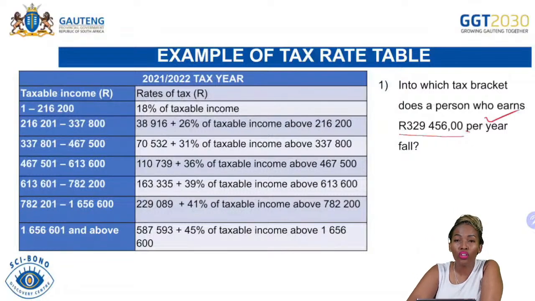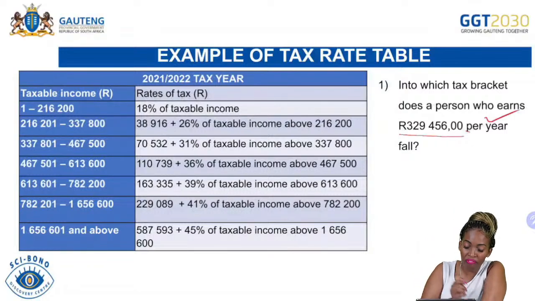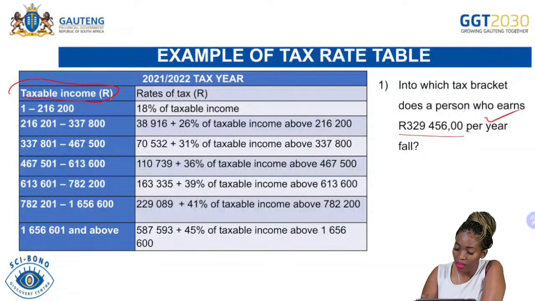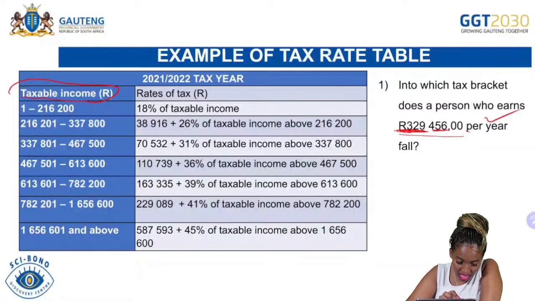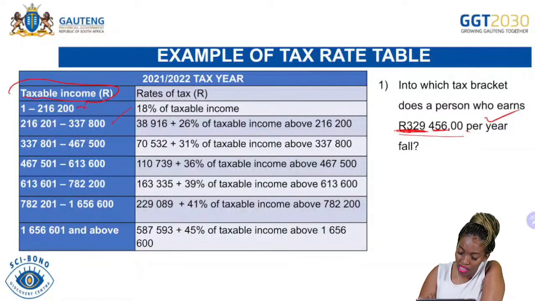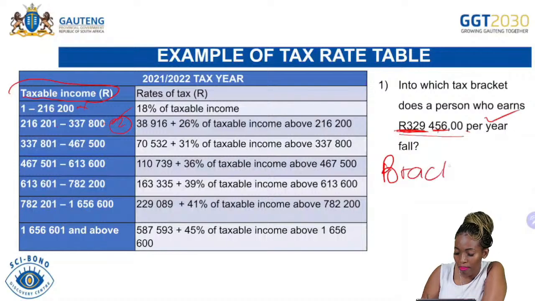Then from there, you go to your tax rate table, your first column, which is your taxable income. What is your taxable income this time? 329,456. So let's check under which tax bracket. Is it bracket number 1? Nope. Is it bracket number 2? Definitely, because 329 is less than 337. So the correct answer here would be bracket number 2.